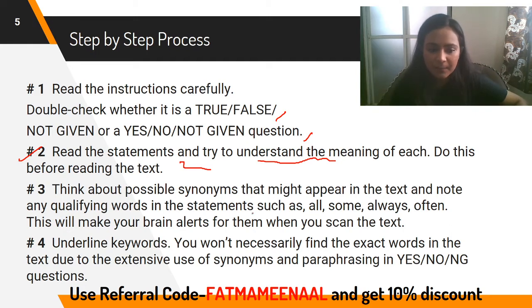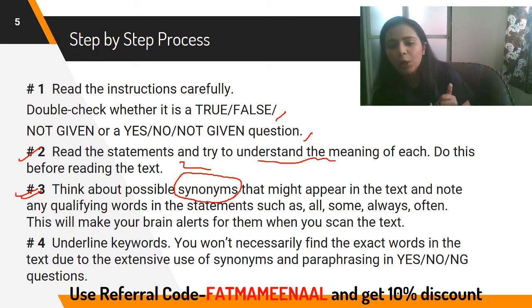Next one is, make sure you are familiarizing yourselves with synonyms, right? So when you're reading the question statement and you have words which you think can be put up differently in the passage, you need to quickly think in your head about the possible synonyms that it can bring up.